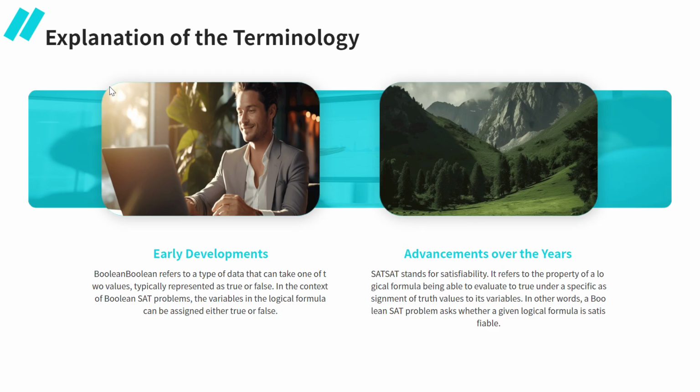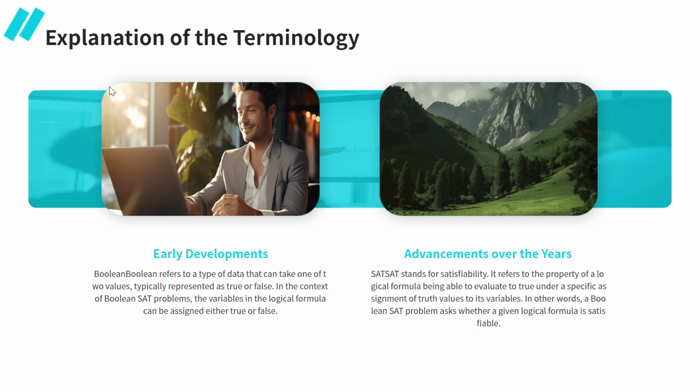Let me explain the terminology. Boolean refers to the type of data that can take one of two values, typically represented as true or false. In the context of Boolean SAT problems, the variables in the logical formula can be assigned either true or false.